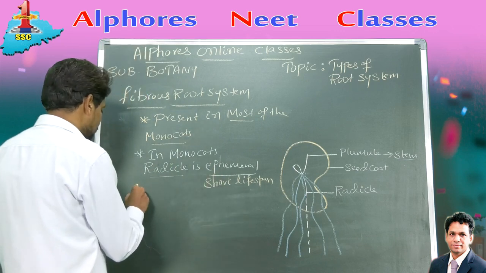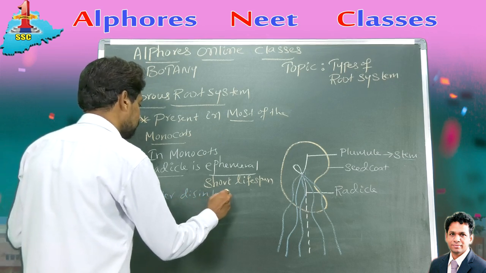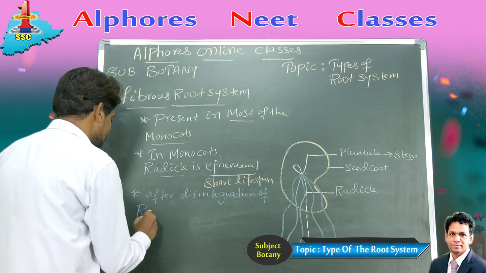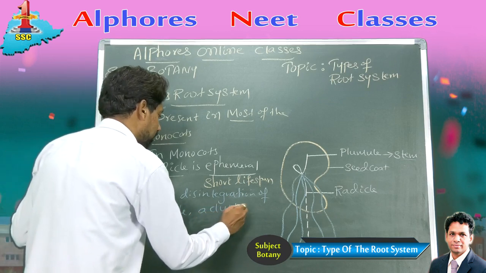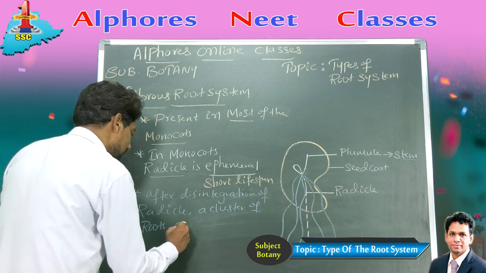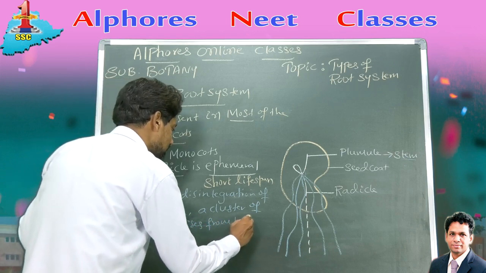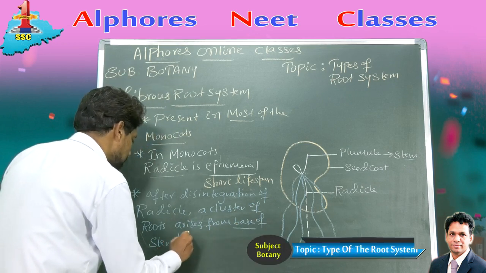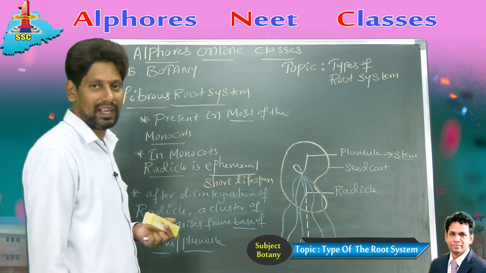Therefore, after disintegration of radicle, a cluster of roots arises from the base of the stem or base of the plumule.